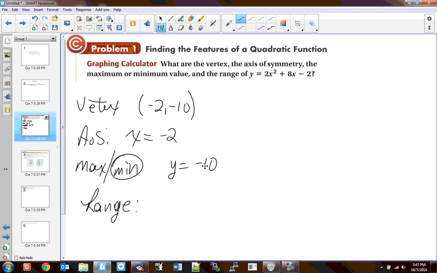Well, if the smallest y value that we can get out of the function is -10, then that means our range y has to be greater than or equal to -10, because we've already determined that -10 is our smallest value that we can get out of the graph. So therefore, our range has to be all the y values that are greater than or equal to -10, because -10, of course, has to be the smallest value.